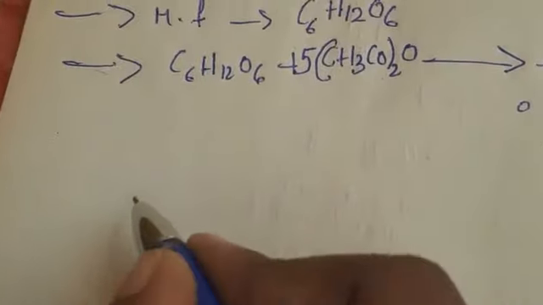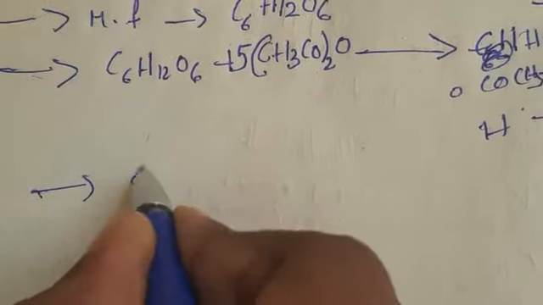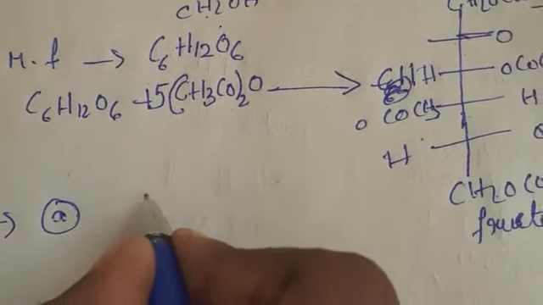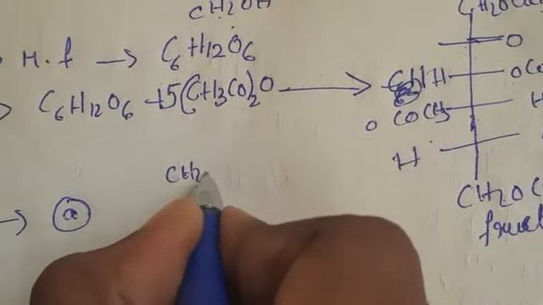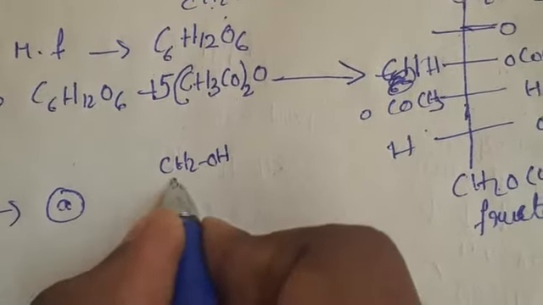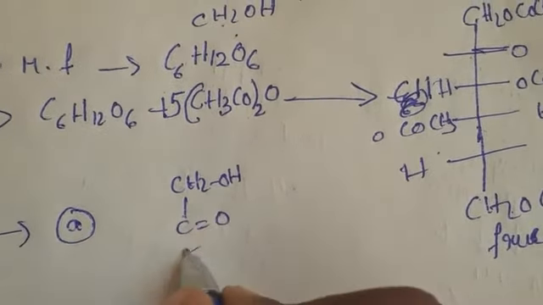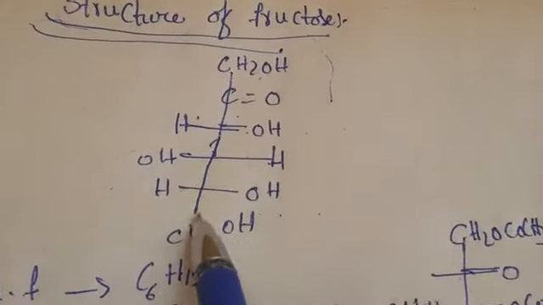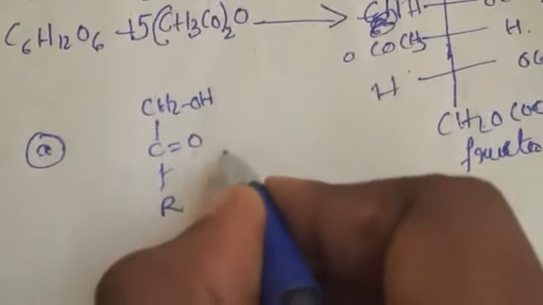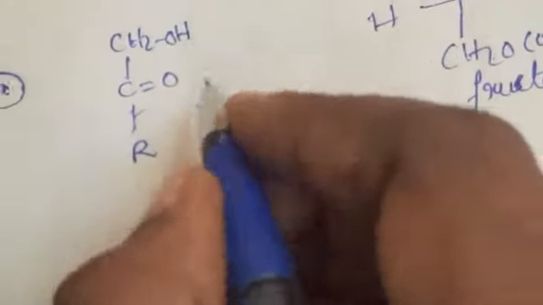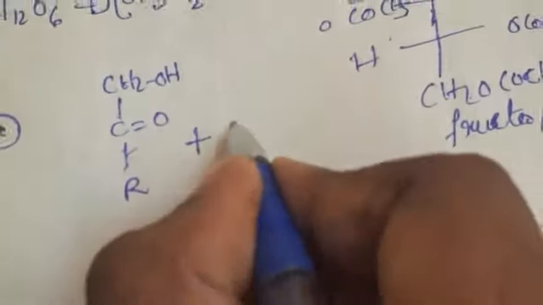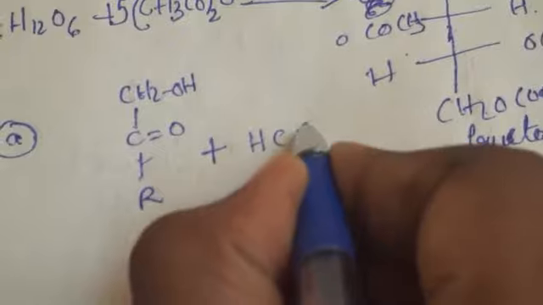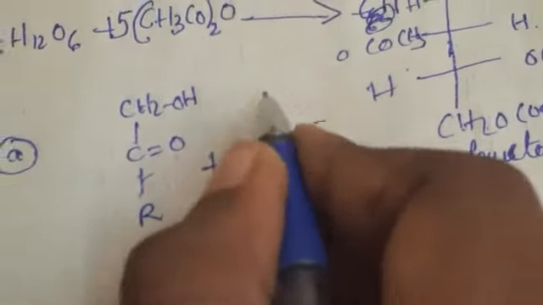Generally it has 3 points. Let us see: CH2OH, C double bond O. The remaining molecule I am taking as R. When this is treated with HCN, you get H plus and CN minus.